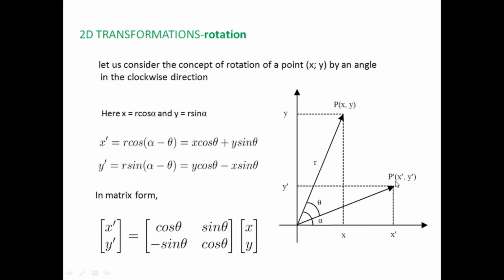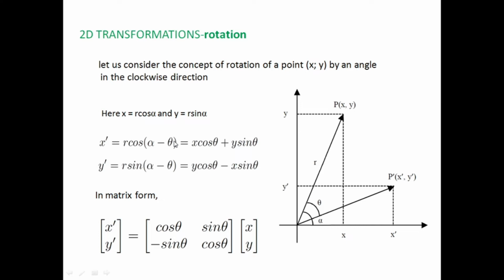Now we need to find the new coordinates, x dash and y dash. They are given by r cos of alpha minus theta, because it is moving towards the x-axis, so I am reducing by theta degrees.